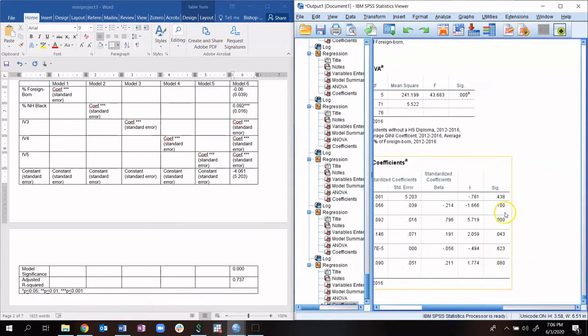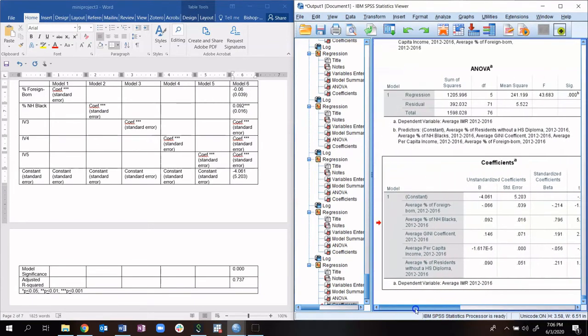Non-Hispanic Black was significant at the 0.000 level, so we're going to keep the 3 stars in. As you can see at the bottom of this table, 3 stars pertains to p-values that are less than or equal to 0.001.